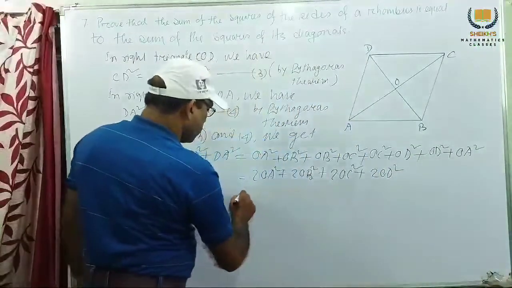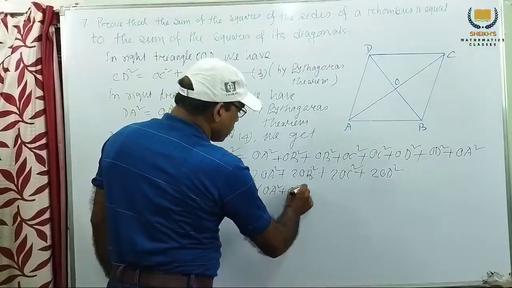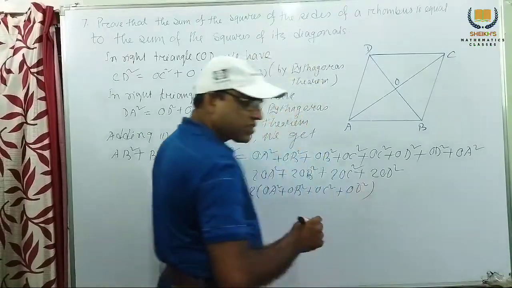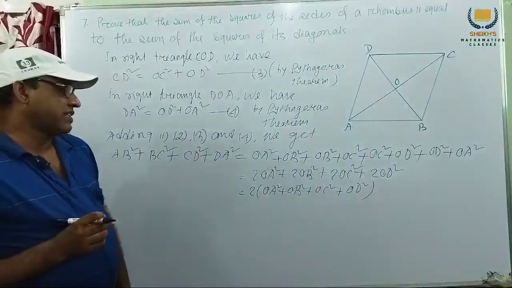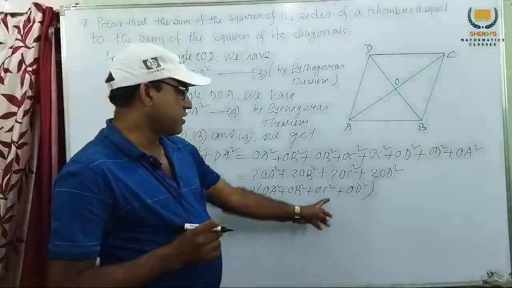So taking 2 common, we get OA square plus OB square plus OC square plus OD square.